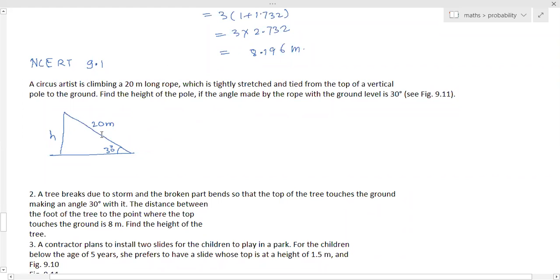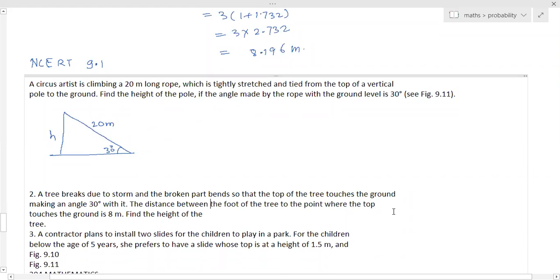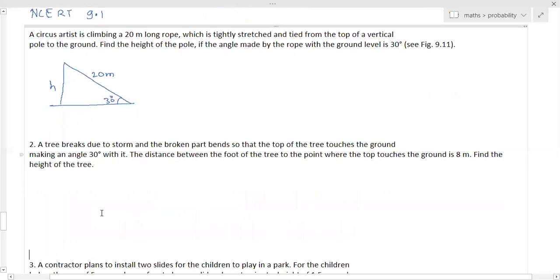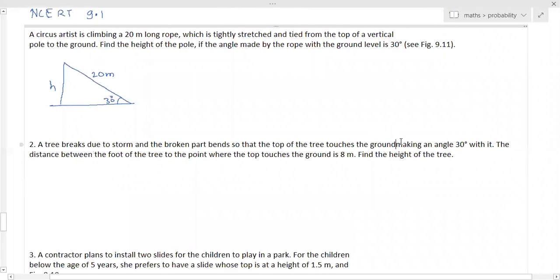Akshita, which ratio has to be used? Sine 30. Sine 30, right. Now this one you can solve.